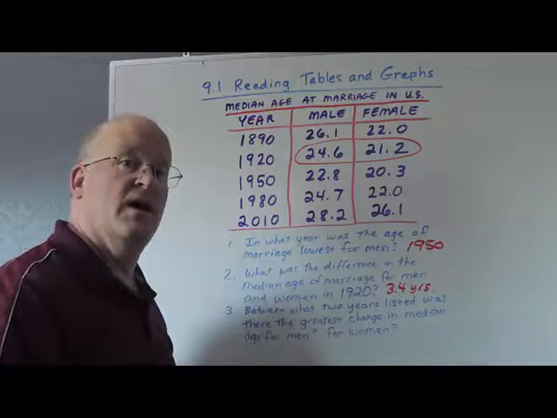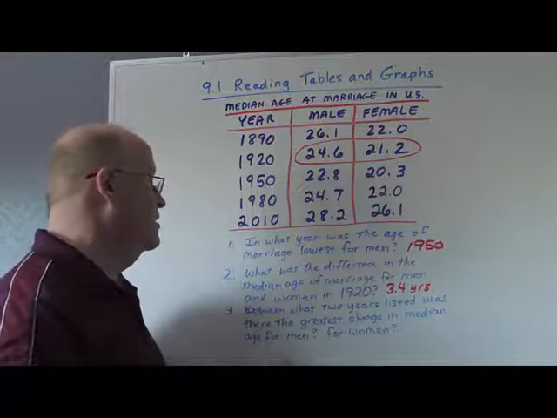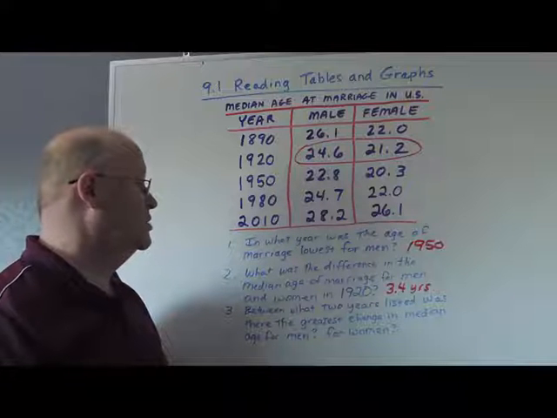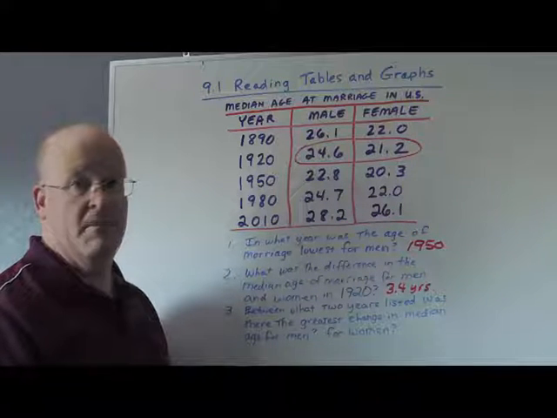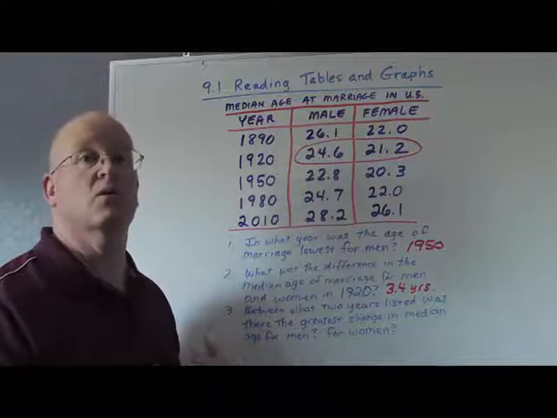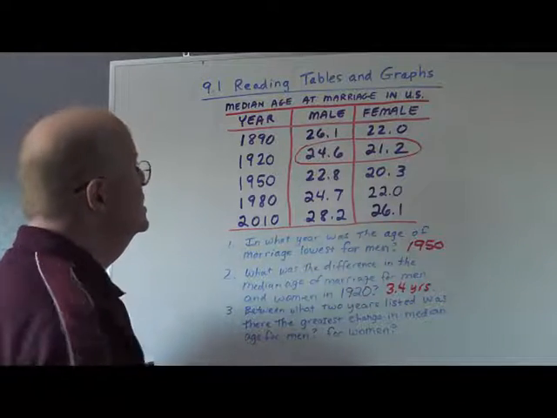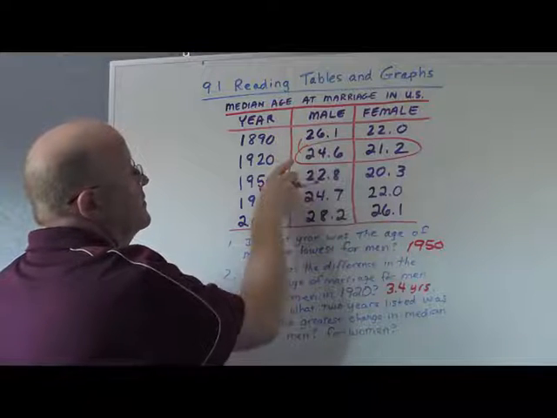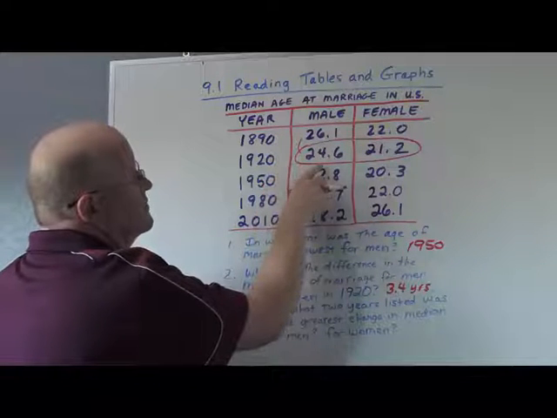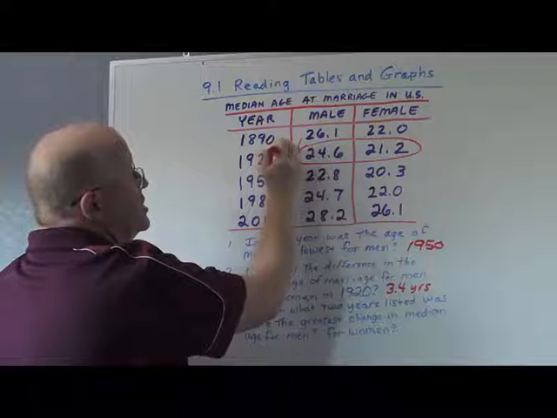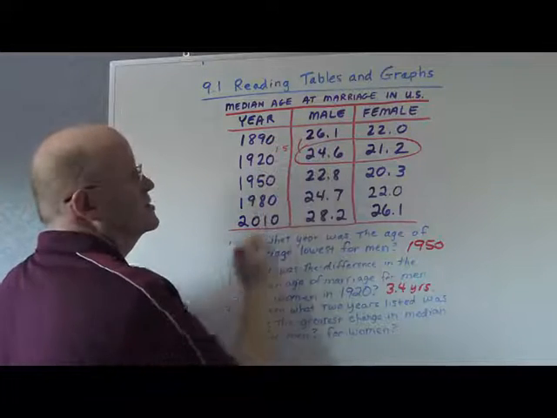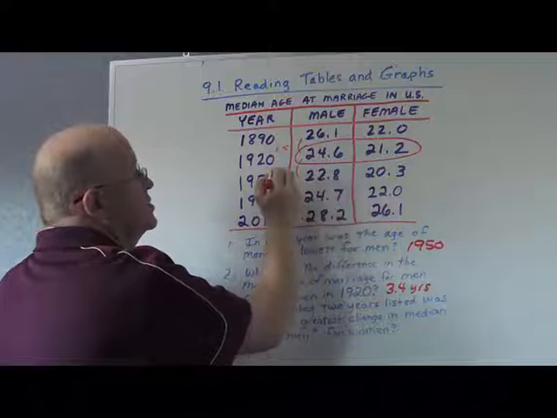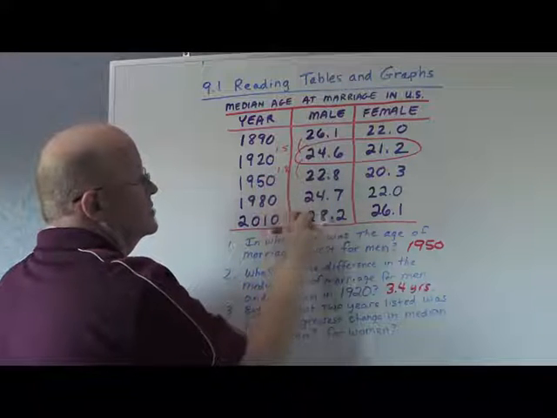The third question, however, is a little bit more involved. Between what 2 years listed was there the greatest change in median age for men and then for women? So we're looking at changes. Now, I probably just need to take them two at a time. Between 26.1 and 24.6, the change was 1.5 years. Between 24.6 and 22.8, the change is 1.8 years.